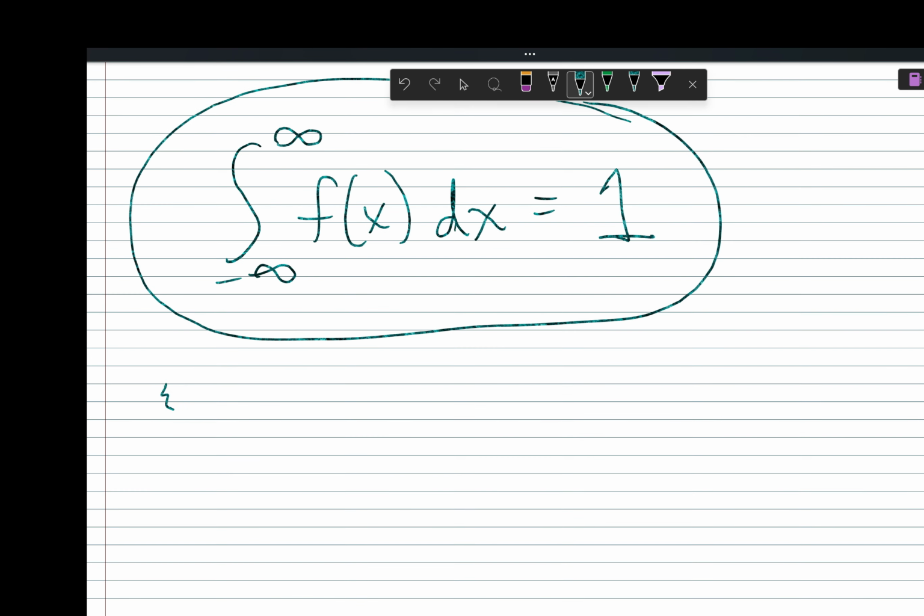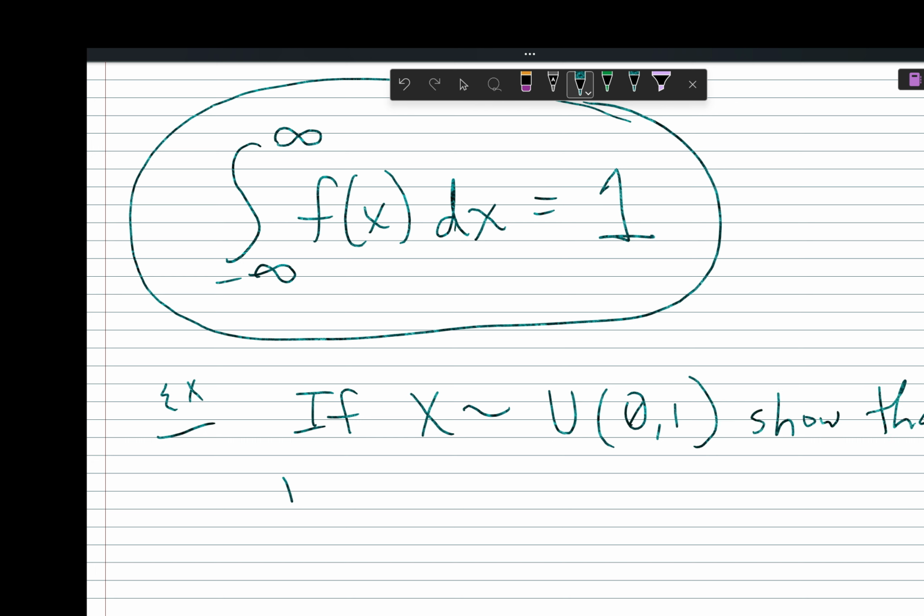So if we take a look at our example, it says that if X has the notation U(0, 1), we want to show that the probability density function of X is as such.